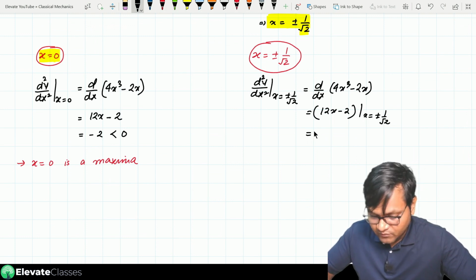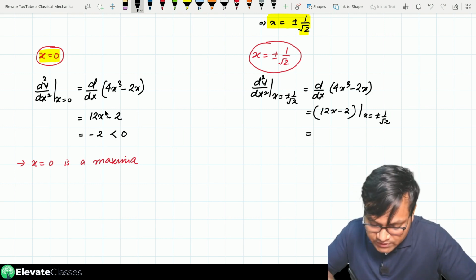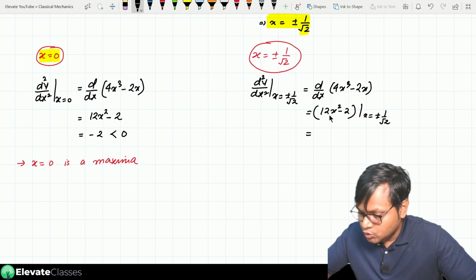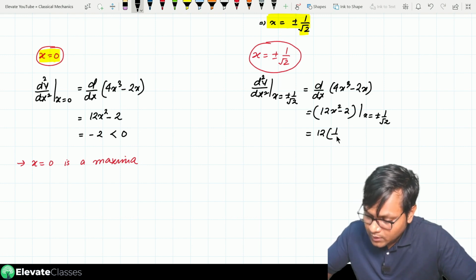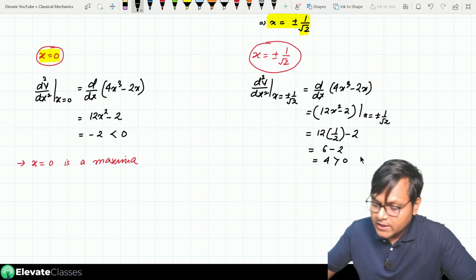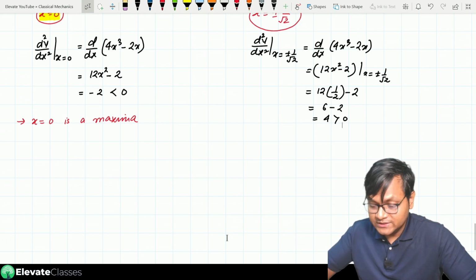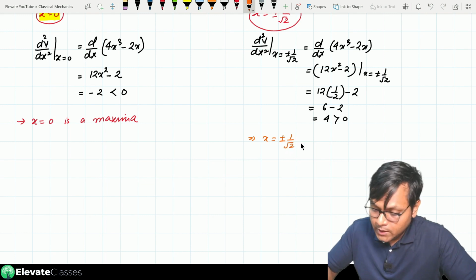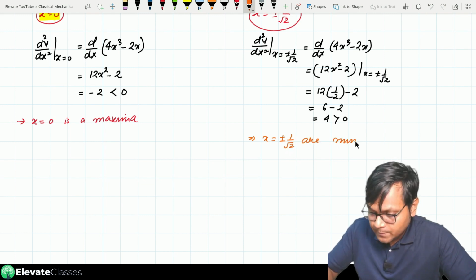So this is 12 into 1 upon 2 minus 2, which is 6 minus 2 is equal to 4, which is greater than 0. If we have greater than 0, then we have a minima. So that means we have two minimas here. x is equal to plus minus 1 by root 2 are minimas.